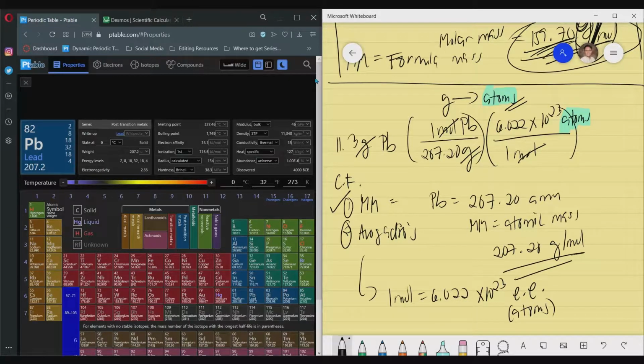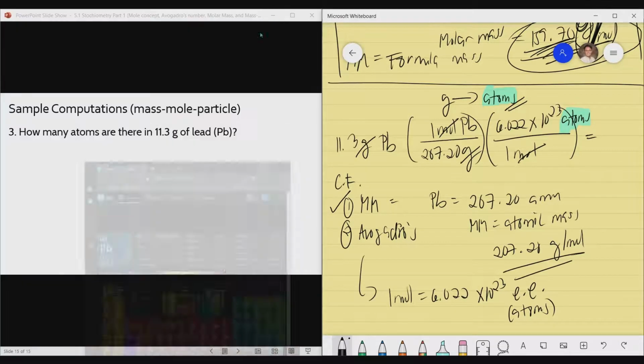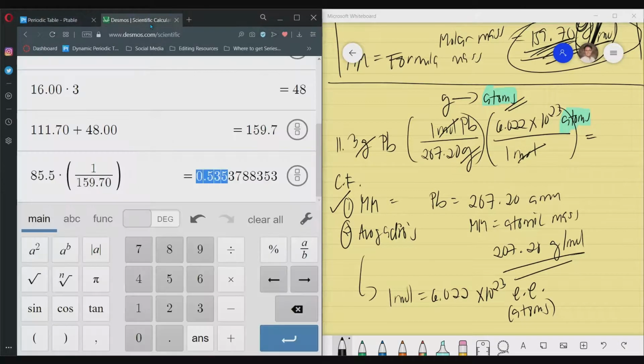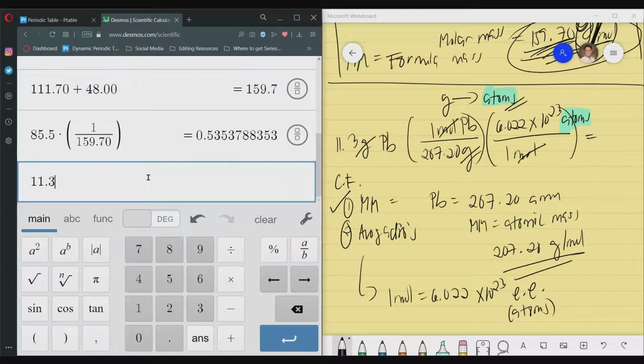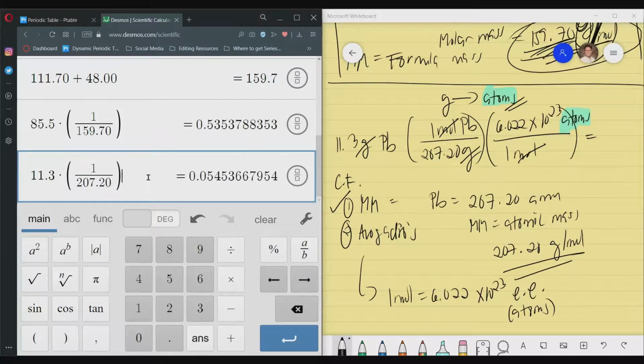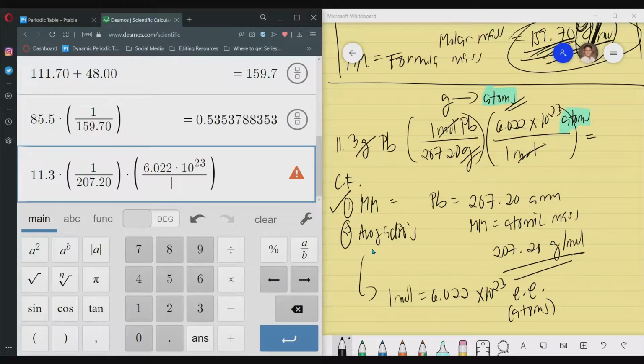I may now stop and input this in the calculator. I have 11.3 multiplied by the quantity 1 over 207.20, multiplied by 6.022 times 10 raised to 23 all over 1.